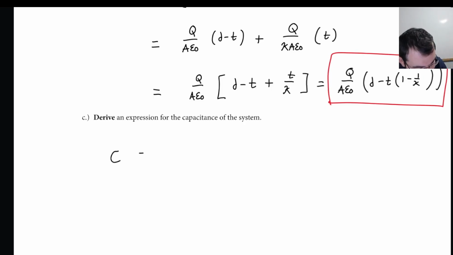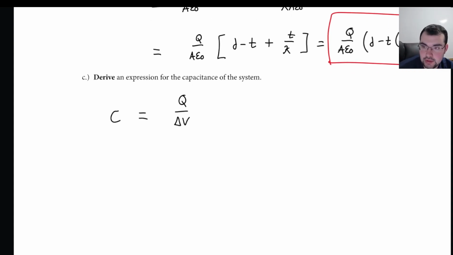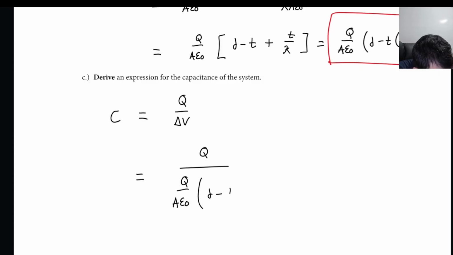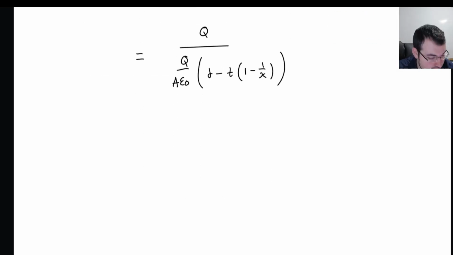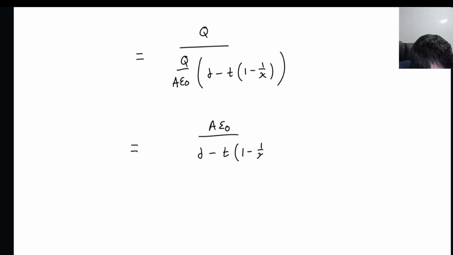Well, the definition of capacitance says C is Q over delta V. We found Q is Q, and then we spent all this work to get delta V. We could simplify, which I would suggest doing because we know it better not depend on Q. So we get A epsilon naught over D minus T times the quantity 1 minus 1 over kappa.